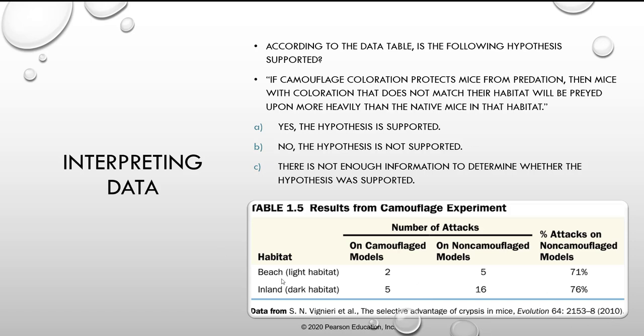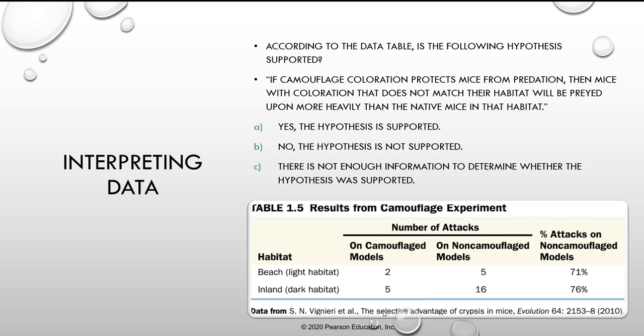Let's look at the beach environment. We have 2 being attacked for the camouflaged ones, whereas 5 were attacked for the non-camouflaged. That's a 71% attack on the non-camouflaged. Whereas in the inland, we had 5 getting attacked for the same colored, 16% for the different colored. It's a 76% change.